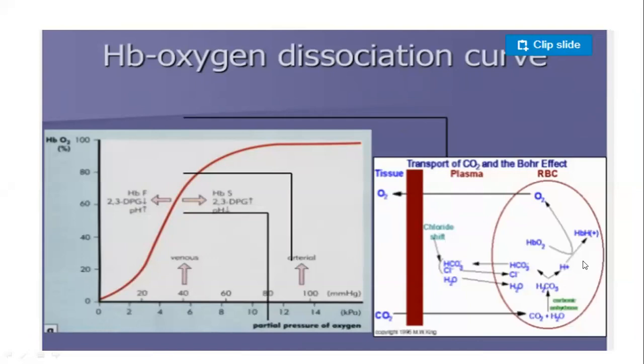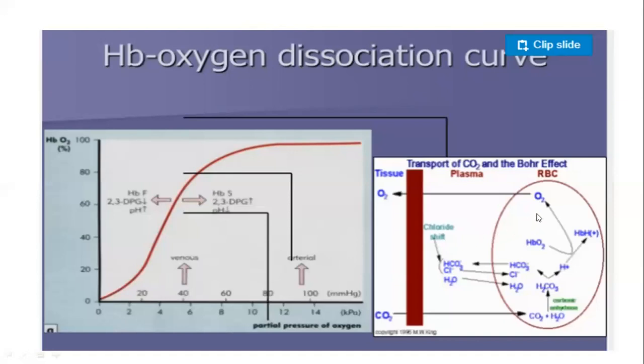Okay, so we can reason together. It's always good when we try to reason together. So remember, the pH is a function of the hydrogen ions, right? And we all know that hemoglobin assists to buffer this by taking the excess hydrogens.